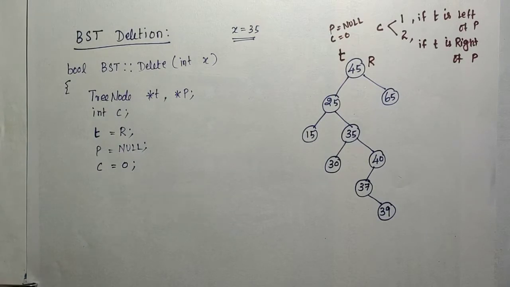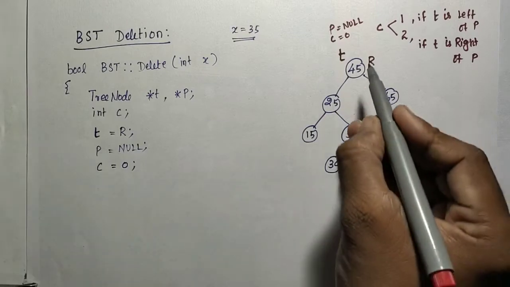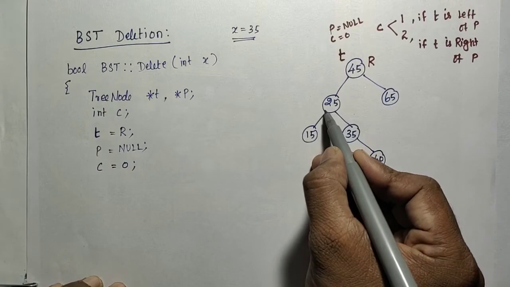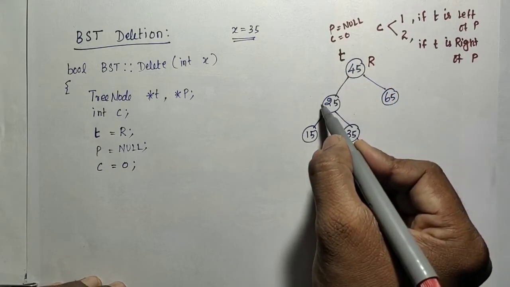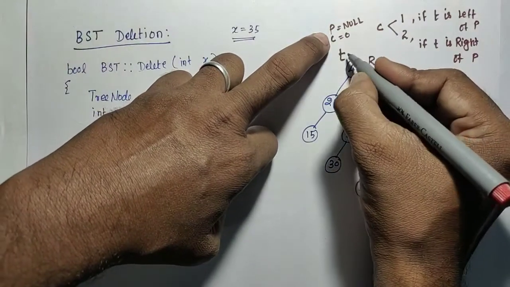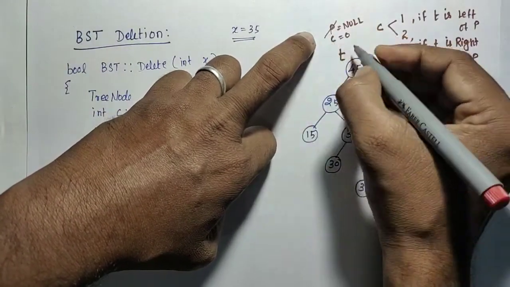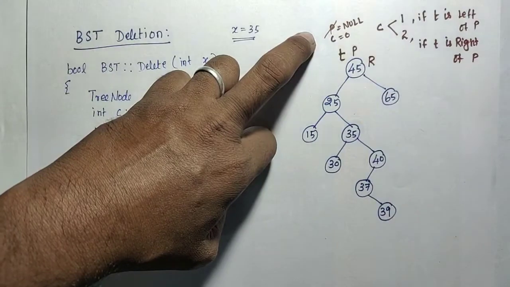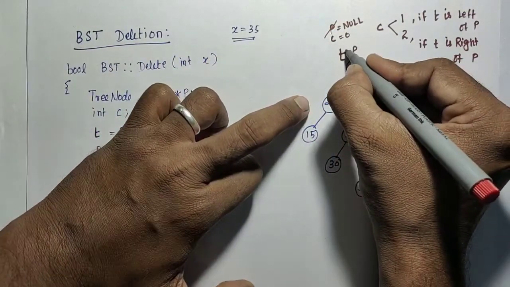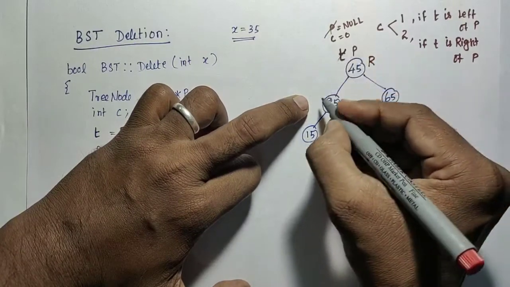Okay. So in this case, first 45 and 35, 35 is less. So I need to move the t to what? Left side. Move the t to the left side. So before moving the t to the left side, update the current t as what? P. Okay. Then you move the t to what? Left. T equal to what?